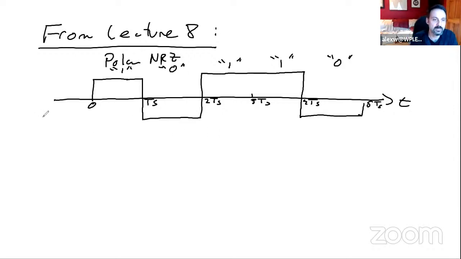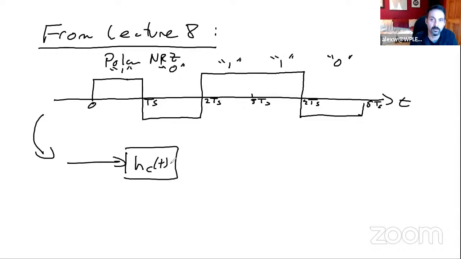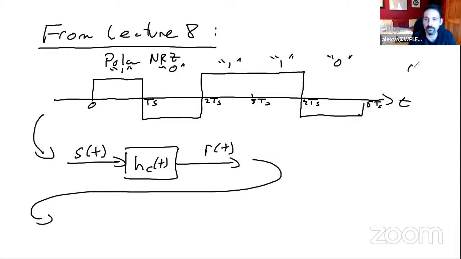What would happen is if there was some sort of distortion, let's say we drive that through something, h_c(t), its impulse response that characterizes how the channel distorts that signal. So we have s(t) that's incoming, r(t) that's outgoing. First of all, that's at the transmitter.